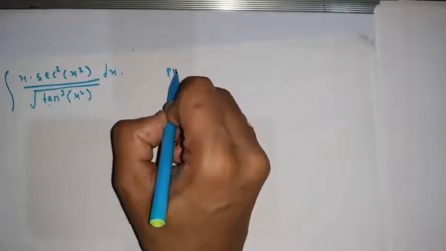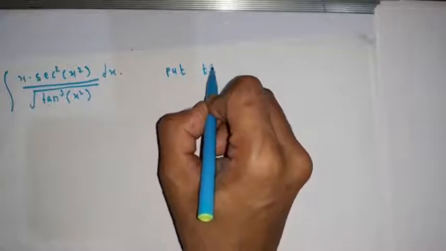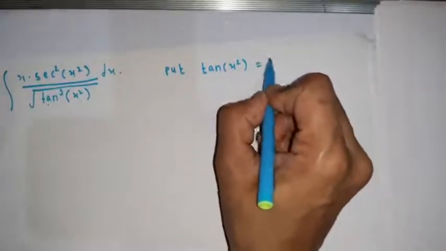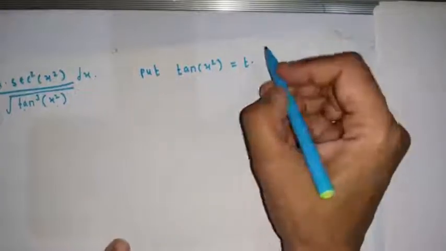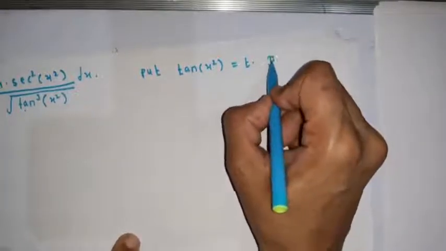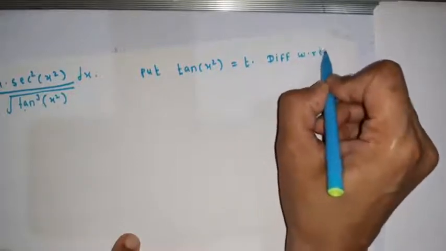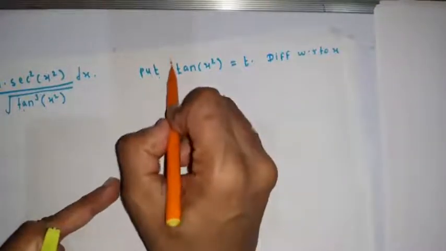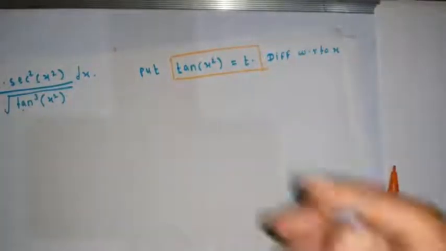Put tan of x square equal to t. Whatever the substitution is, please differentiate with respect to x. This is our substitution.